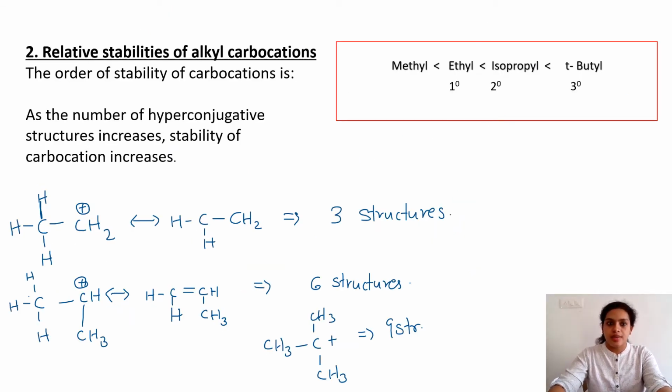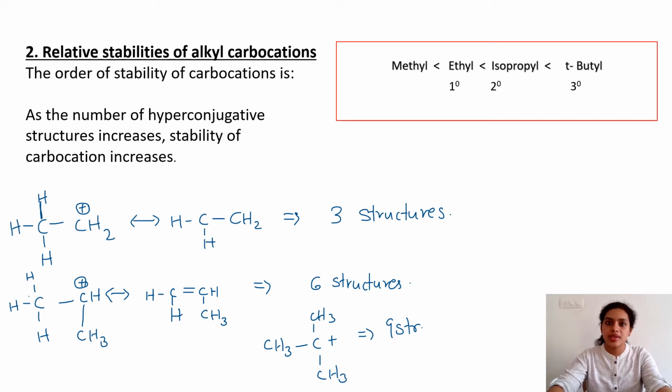And the second application is the relative stabilities of alkyl carbocations. You know that carbocations are species in which the carbon is having a positive charge, and methyl, ethyl, isopropyl and tertiary butyl are the normal alkyl carbocations we are studying.